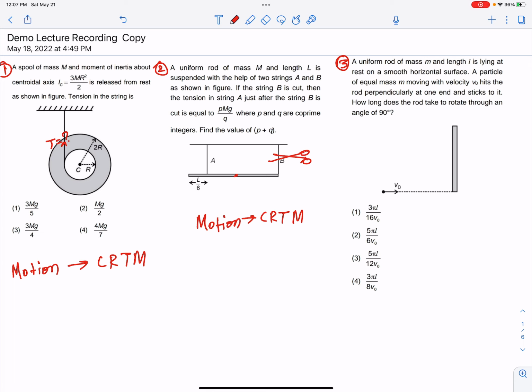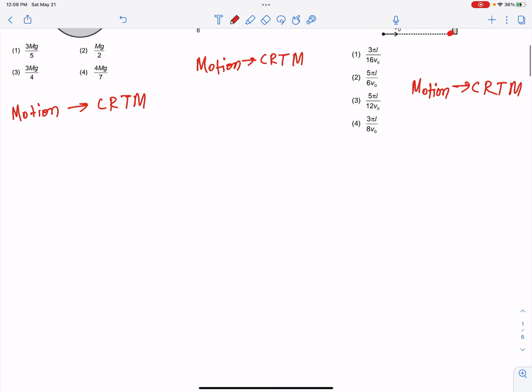Again you'll see, when this particle sticks at one end, the center of mass of the system will be somewhere here, and the center of mass is going to move as well as this rod is going to rotate, right? So the motion is again CRTM, translational plus rotational.